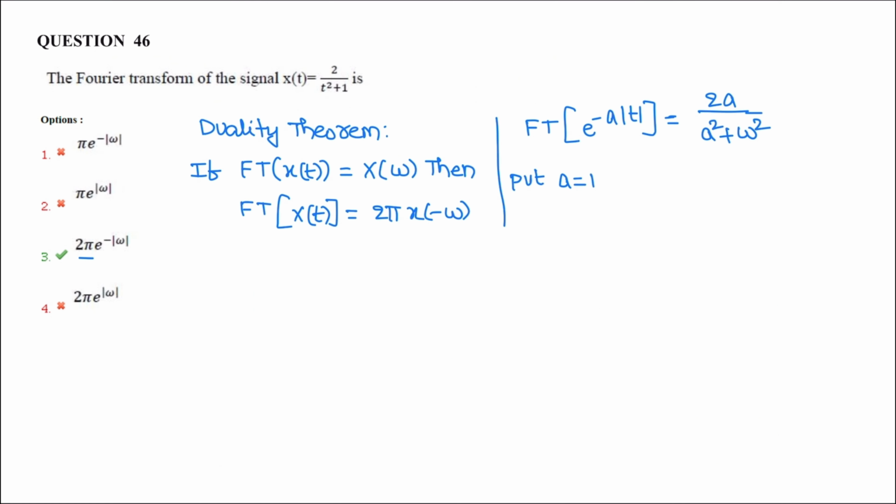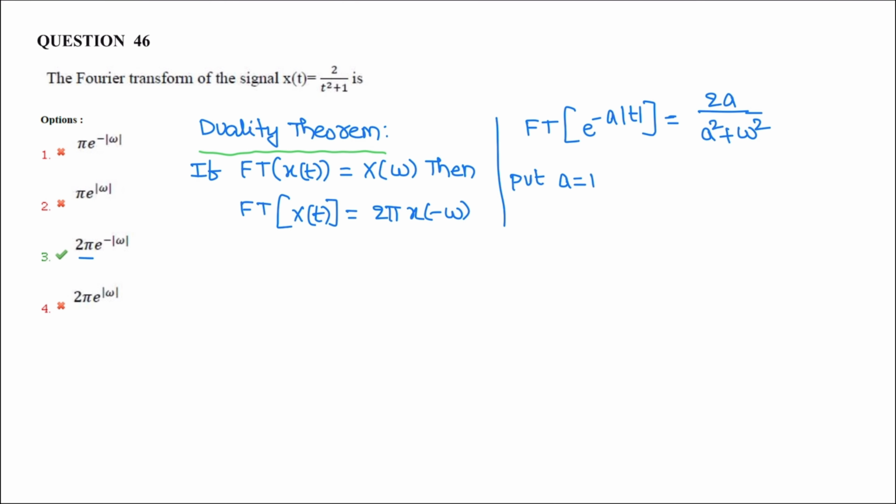Next question. The Fourier transform of signal x of t is equal to 2 by t square plus 1 is. We know the duality theorem: if the Fourier transform of small x of t is capital X of omega, then the Fourier transform of capital X of t is equal to 2 pi small x of minus omega.